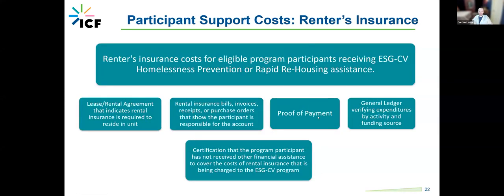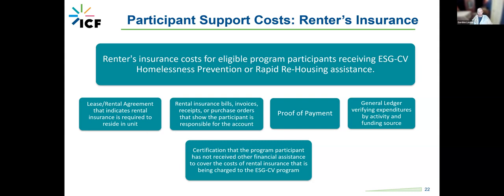Moving on, renters insurance. Renters insurance costs for eligible participants receiving ESG-CV homelessness prevention or rapid rehousing assistance. Backup documentation here is the standard stuff. The general backup for expense being incurred would be a rental assistance bill that shows the participant is responsible for the account, and that may be billed either monthly or quarterly or annually, depending on how the insurance is set up.